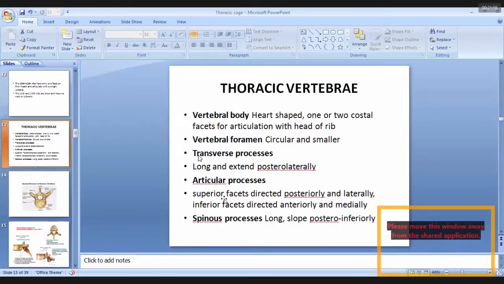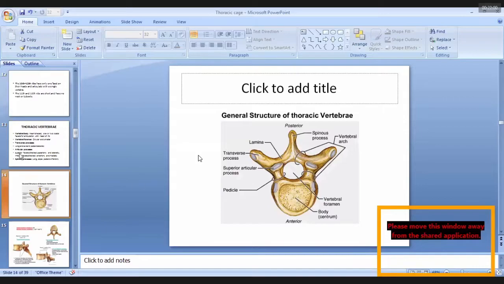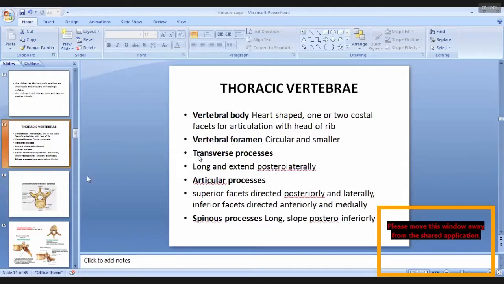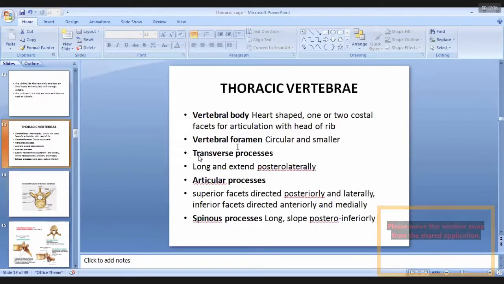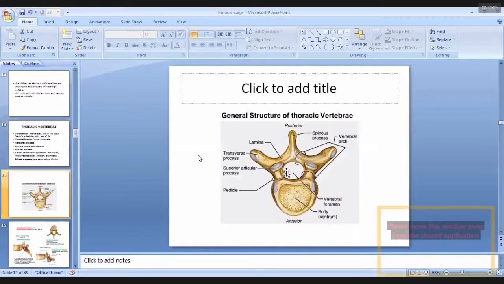There are one or two costal facets on each side for the articulation with the head of the rib. The vertebral foramen of the thoracic vertebrae is circular and smaller as compared to the other vertebrae.